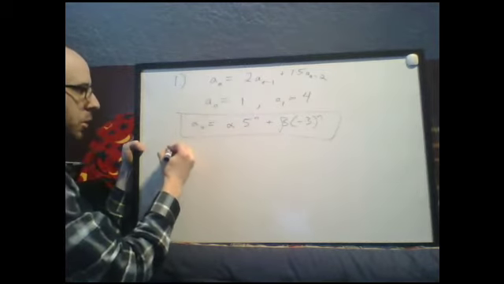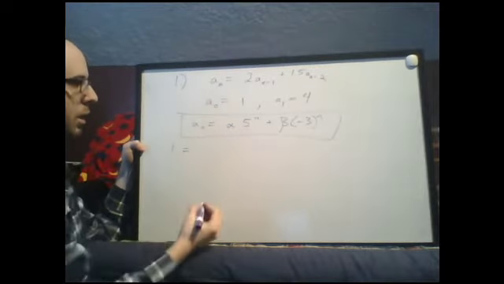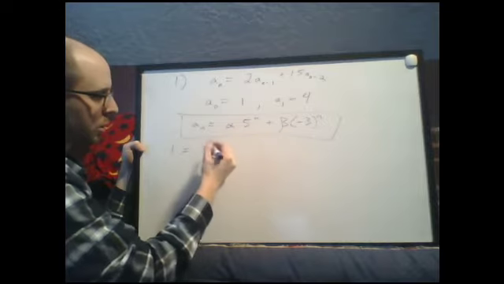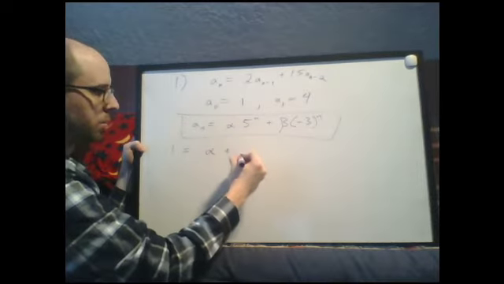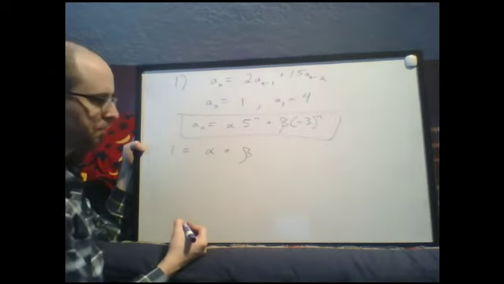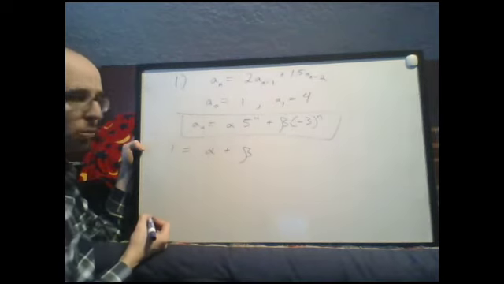So a_0 is supposed to equal 1. If I plug in 0 on the right side, I get alpha times 5 to the 0 is alpha, plus beta times negative 3 to the 0 is plus beta times 1. So alpha plus beta has to equal 1.